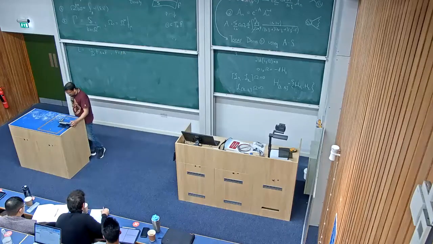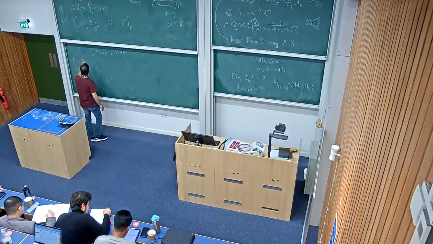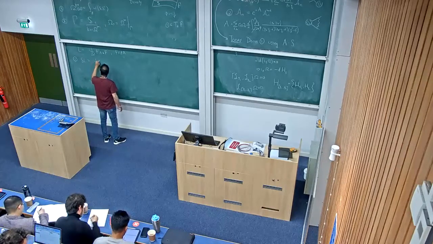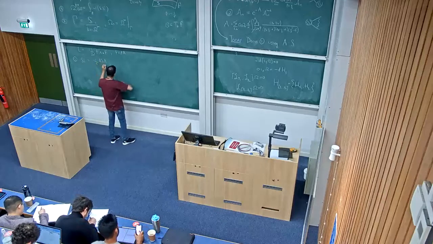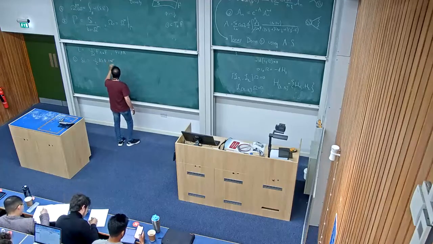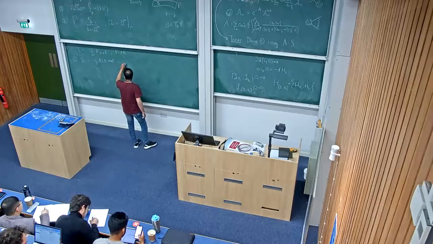Okay, let's follow through the process. Step number 1, vary the action. So when I vary this action, what do I get? I see that there's a derivative acting on A, so I integrate by parts in the usual way.